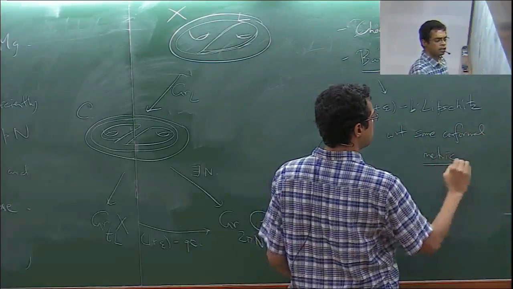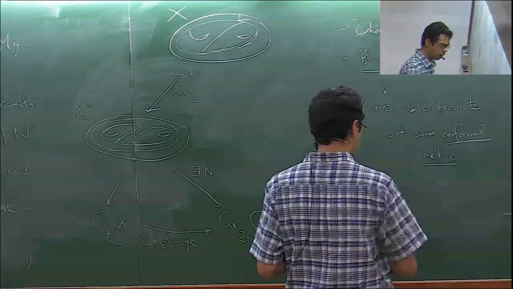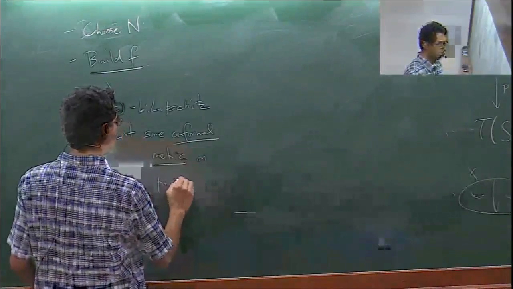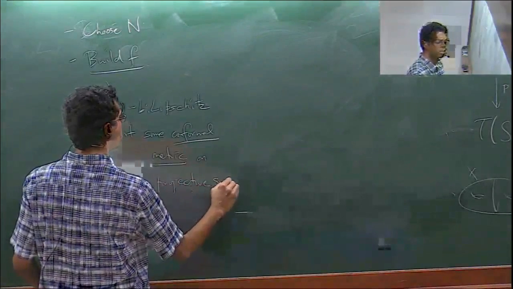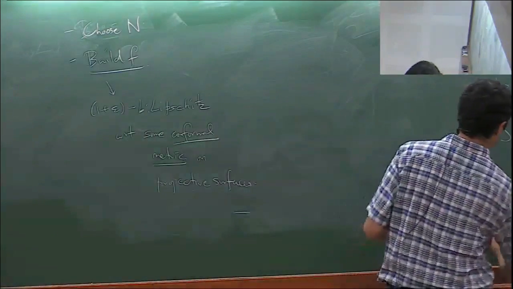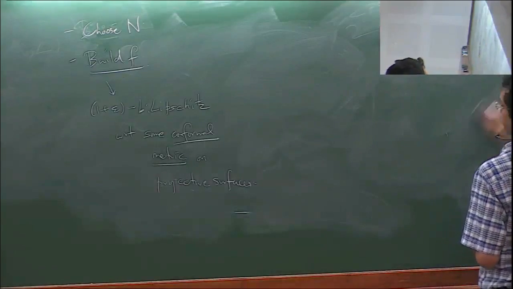So let me just say where the idea of this comes from. This is something that appeared before, but we had to modify it. Well, we have to do it differently.